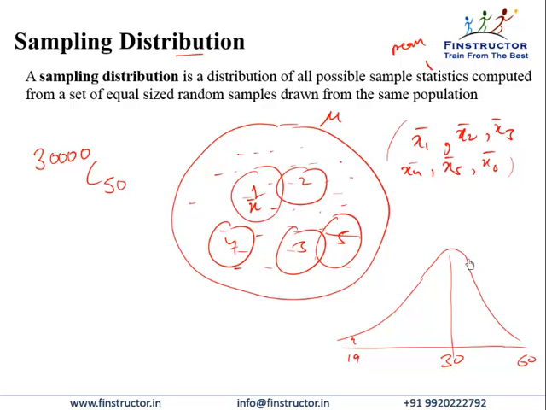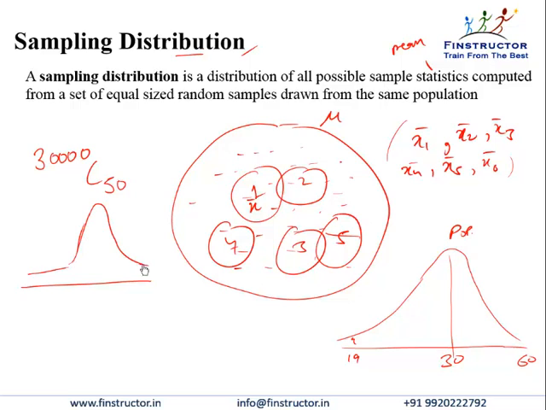If I take many different samples and I calculate the means of those samples, then those sample means can themselves be plotted in a distribution that is called the sampling distribution. The question is that if my population had a distribution like this, would the sampling distribution look something like this?